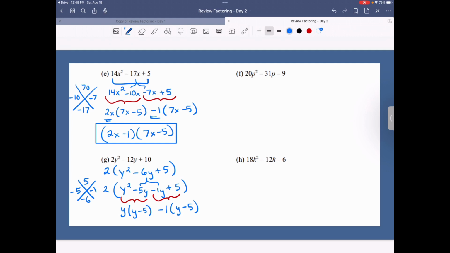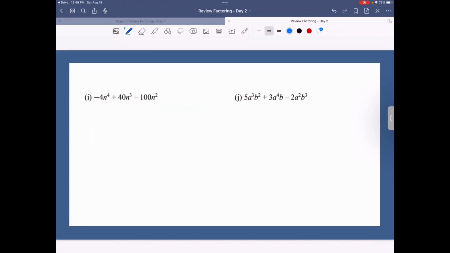And as you can see, those parenthesis parts are the same. And then we have the y minus 1 going in the other parentheses. And box your answer. Let's pause the video and do F and H as a class.